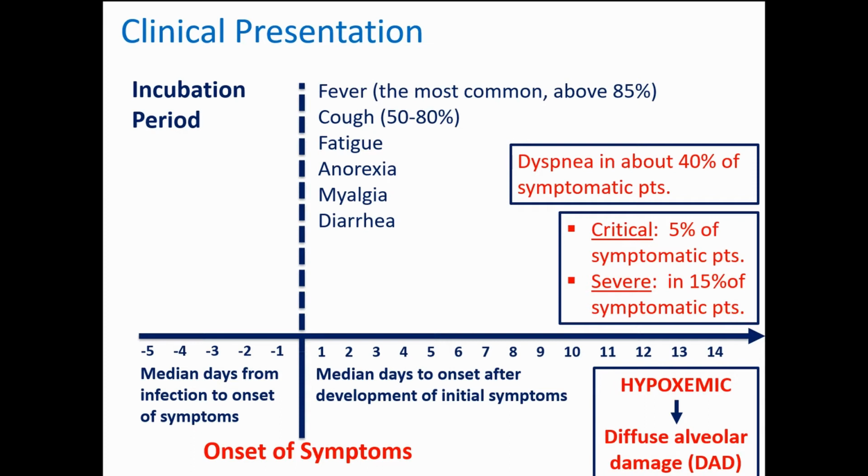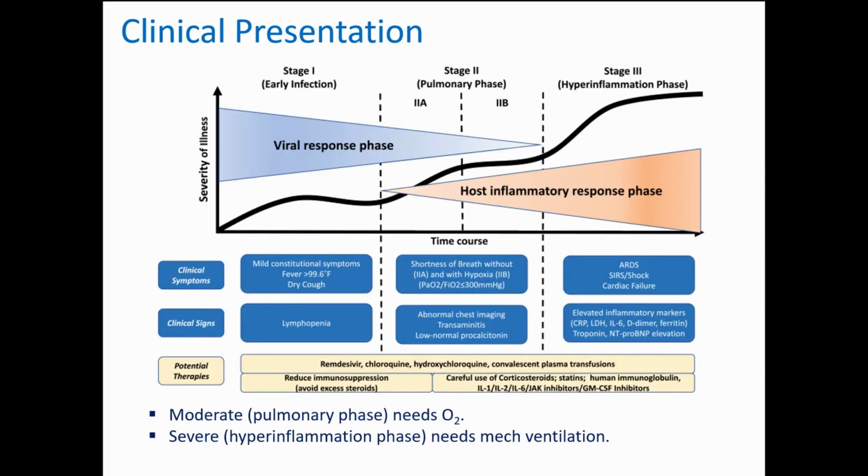In this case, patients are severely hypoxemic, and as a result of hypoxemia, they develop diffuse alveolar damage, or we call it DAD simply. So the clinical presentation can be further discussed into 3 distinct stages. Stage 1, early infection. Stage 2, which is the pulmonary stage.